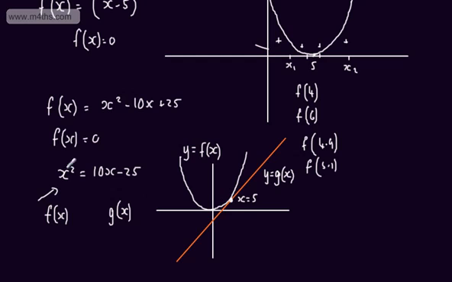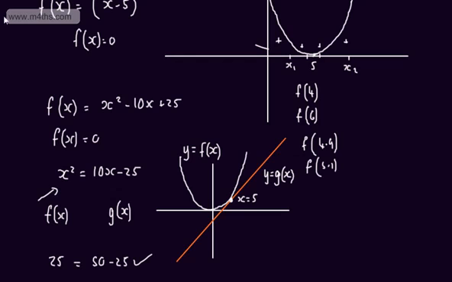And we know that satisfies the equation: 25 is equal to 50 minus 25. So we've got that point of intersection where x is equal to 5. So that's a different way of looking at it. With all of these examples, I'm using very basic functions so you can get some idea of what's going on here.